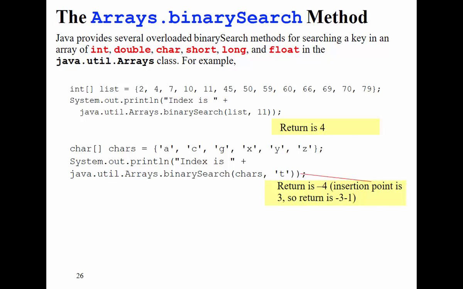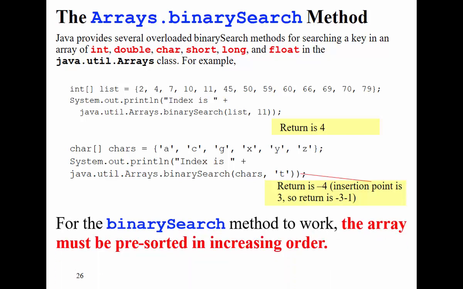If someone is wondering why I received -4, why not -100, why not -1 million? It returns a negative value, but there is a meaning to this negative value. If T were inside this array, it should be at location 3. But actually we don't have it. That's why -4 is returned to us. Okay?